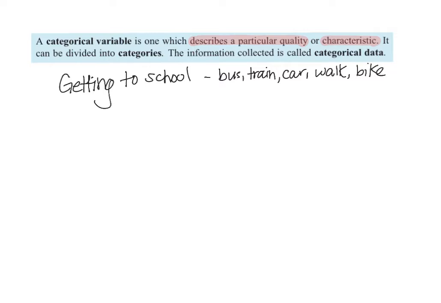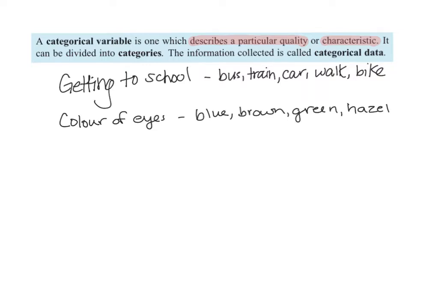Another topic could be color of eyes. The categories here would be blue, brown, green, hazel, etc. These would all be the different categories part of this topic, color of eyes.